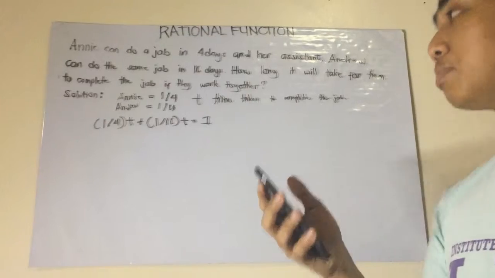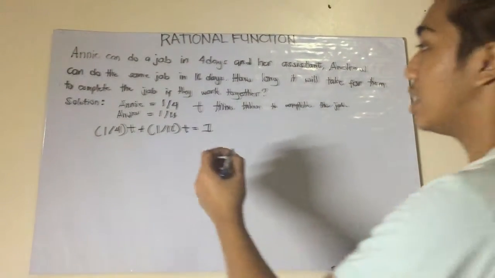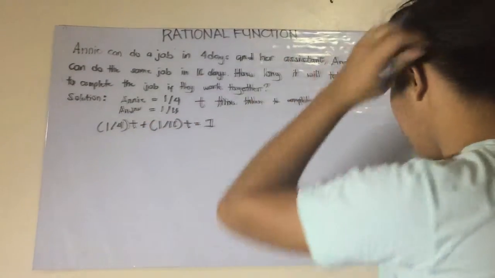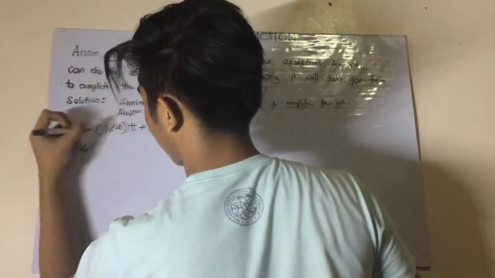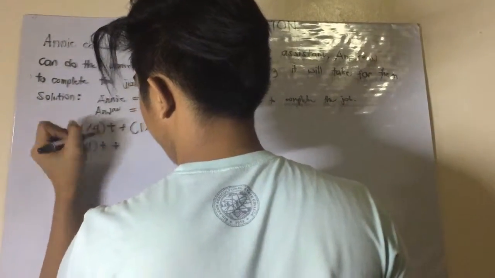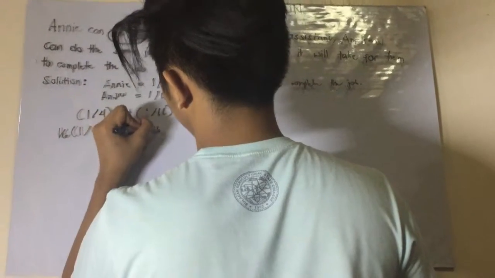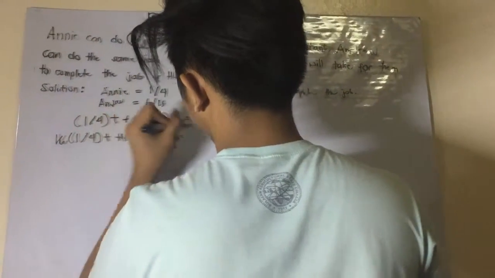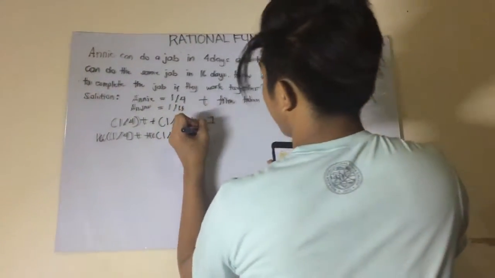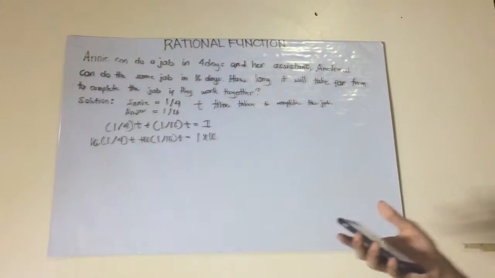Then, ang gagawin natin, para mapasimplify natin siya, multiply both sides by 16 since 16 yung LCD nilang dalawa. As well yung nasa kabilang side ng equation, multiply natin siya ng 16, kasi hindi naman pwede sa isang side ka lang gagalaw.